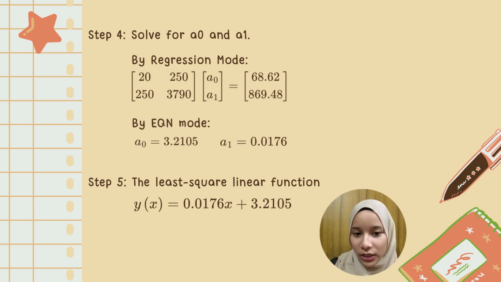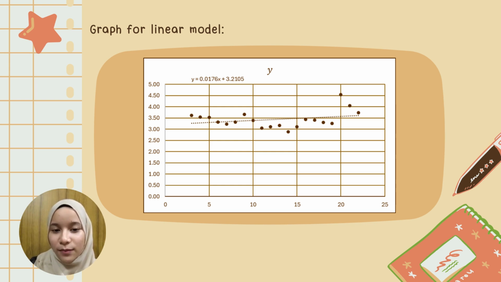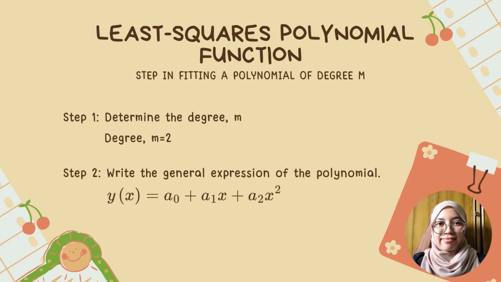So, the solution equation for the least square line is y(x) equal to 0.0176x plus 3.2105. This graph shows the distribution between year and unemployment rate. This graph also shows the best fit line between the data, where the equation of the line is y equal to 0.0176x plus 3.2105.